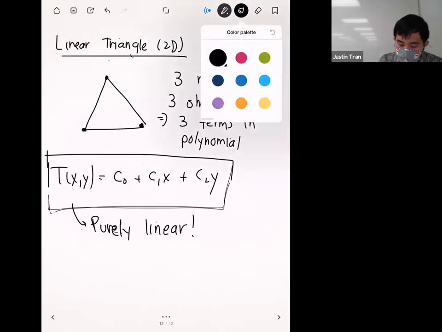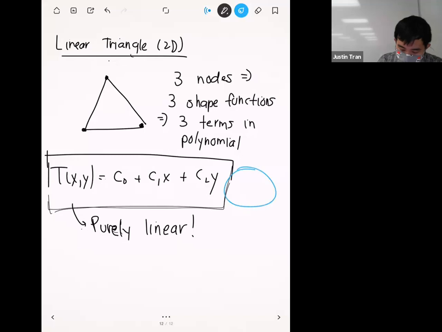Because we don't have that mixed term, or that pseudo-linear term, if we take the derivative of this function in any direction, whether x or y, we're going to end up with a purely constant.